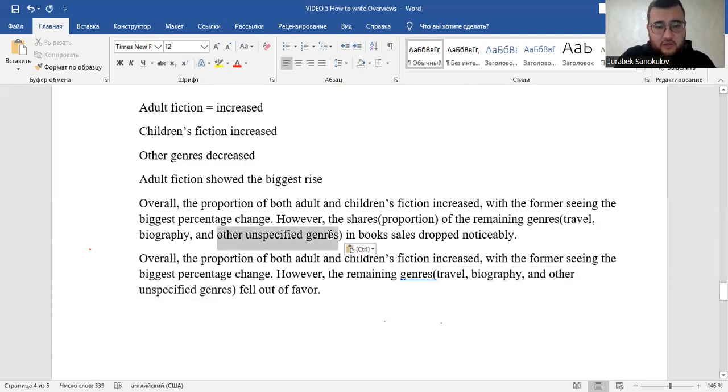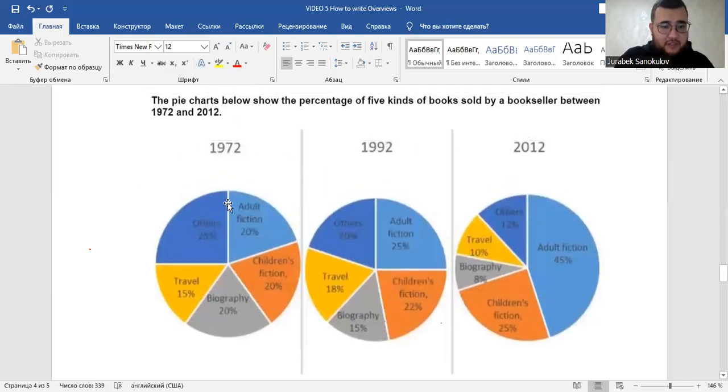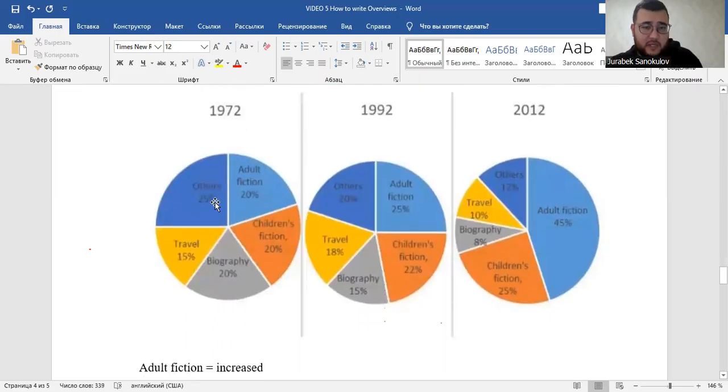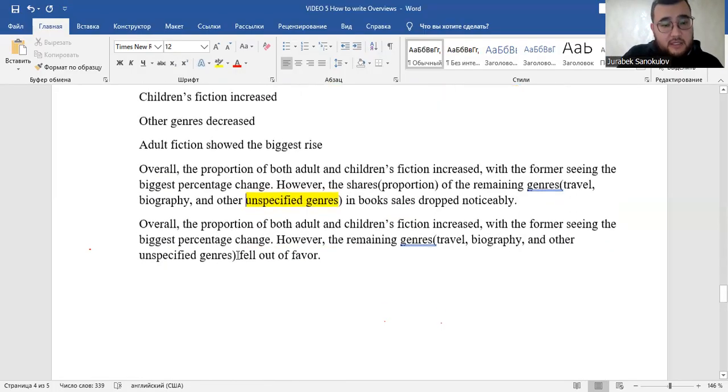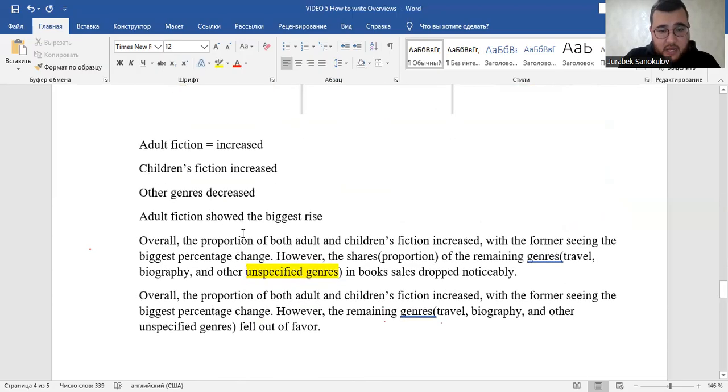I recommend you use the word unspecified whenever you have the word others, because others basically refers to other genres whose names are not mentioned exactly, like travel, biography, adult fiction, children's fiction. So that's how I would describe this. You see, I'm using the things that I showed you at the beginning.